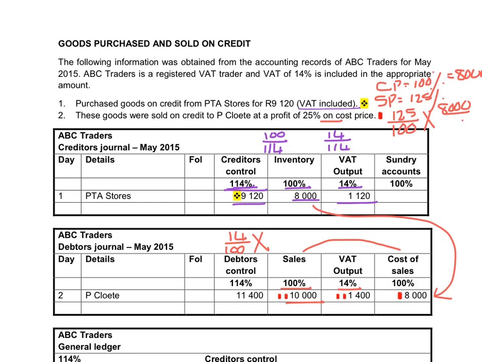If we want to calculate the total amount that the debtors owe, the percentage that we want, 114, divided by the percentage that's known, 100, times 10,000, and that will give me 11,400.